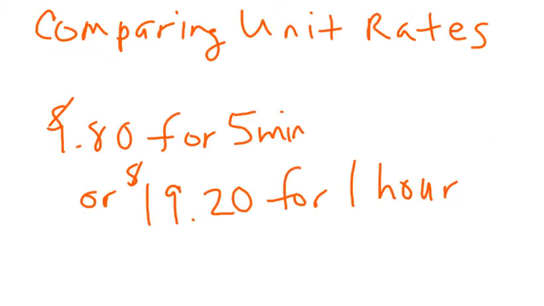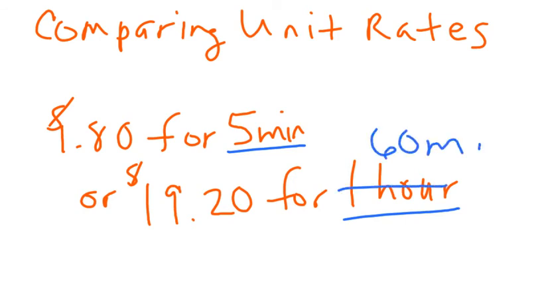Another thing you can do with unit rates is compare them to see which one is greater or smaller, cost more or cheaper. Anyway, take $1.80 for 5 minutes or $19.20 for 1 hour. Which one of those would be cheaper? Or which one would be greater? Let's find out. First of all, you got minutes and hours. You got to have them the same. So change this 1 hour to 60 minutes. Isn't 1 hour 60 minutes? Next thing to do is divide.